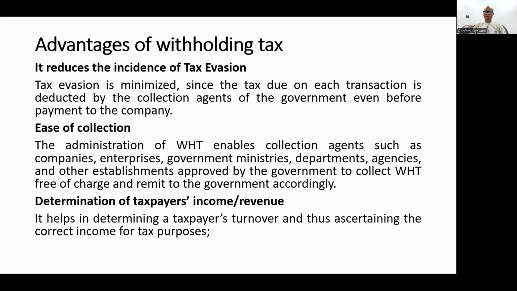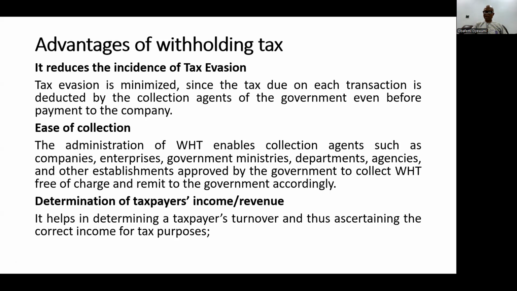Determination of taxpayers' income. It helps to determine the taxpayers' turnover at the end of the day, because of the tax programs that the FIRS is using. For example, if a company has deducted withholding tax on your behalf and remitted it, you can't come back and deny it, saying I did not make sales, I did not make turnover. So it helps to determine the taxpayer's income or revenue at the end of the year.